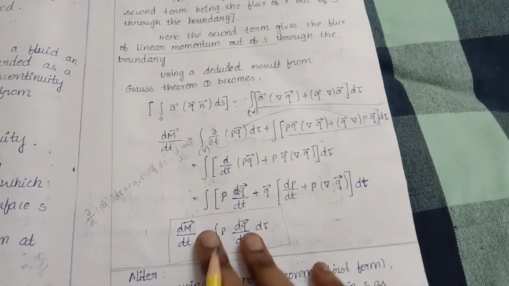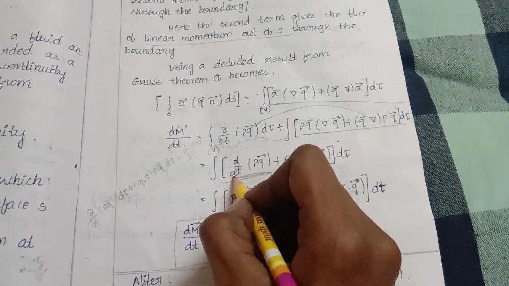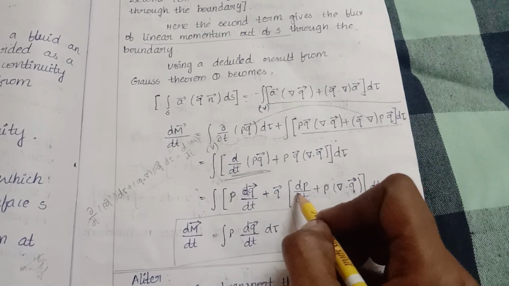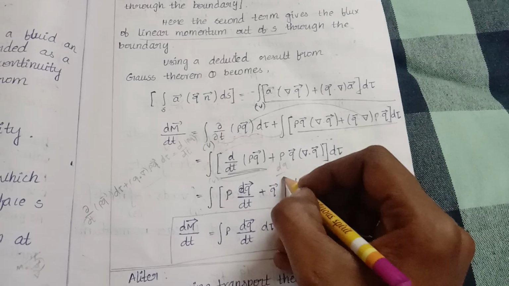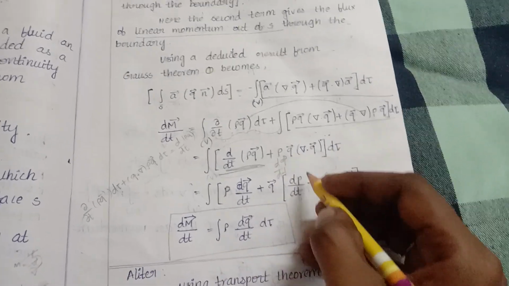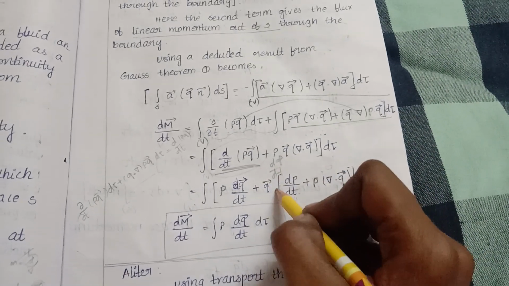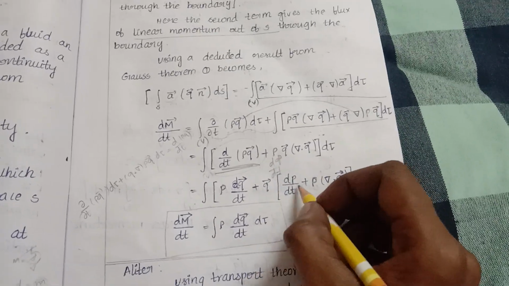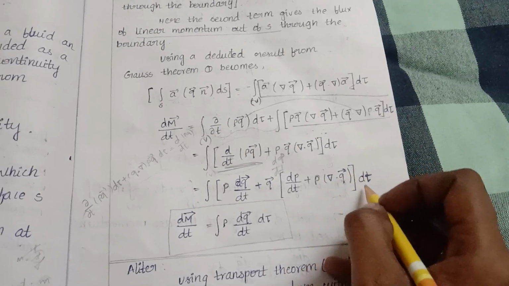Next we differentiate: rho into dq vector by dt plus q vector into d rho by dt. In both terms we have q as common. If we take q vector as common, we get d rho by dt plus rho del dot q vector, into d tau.